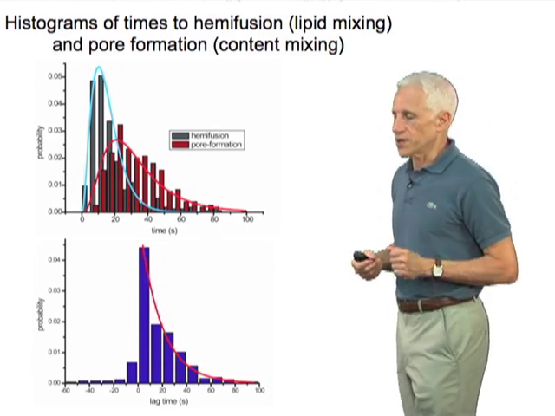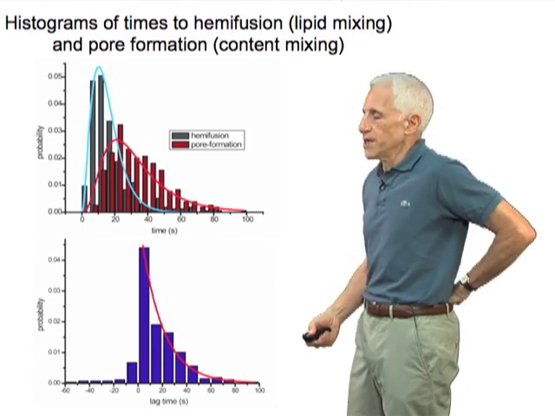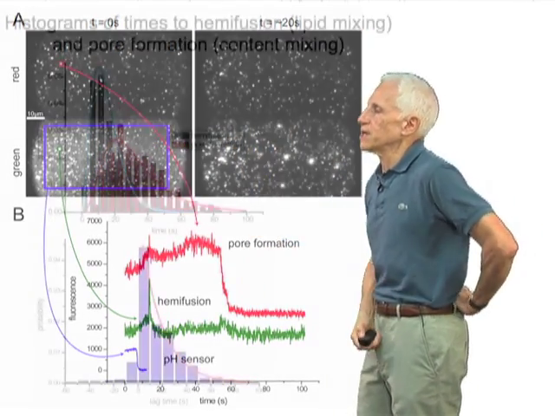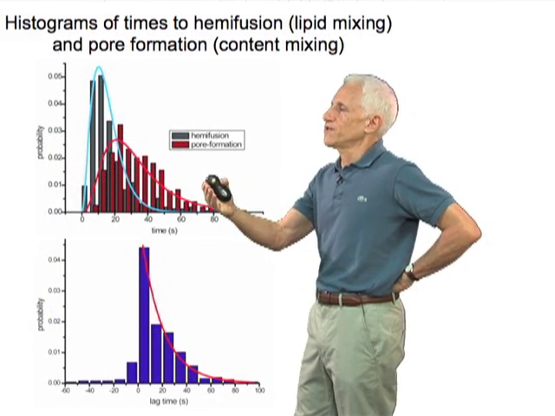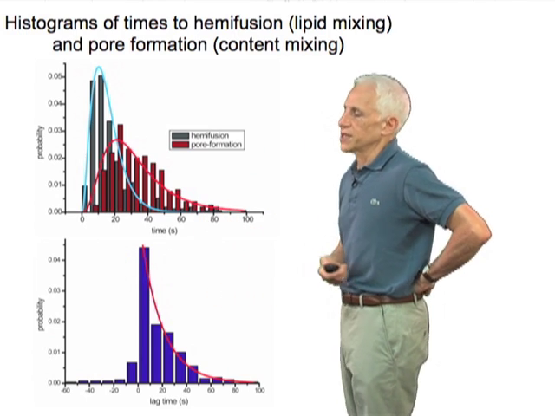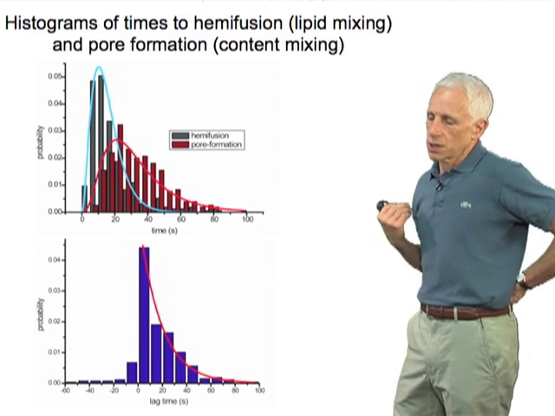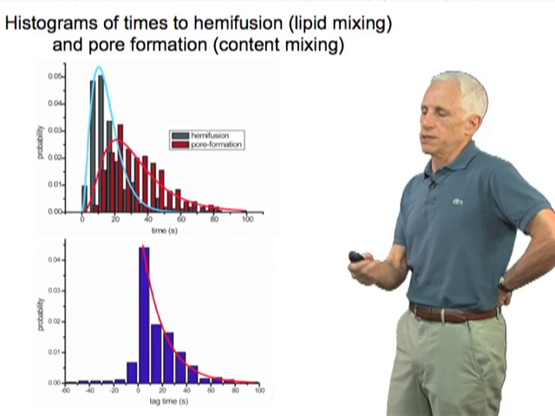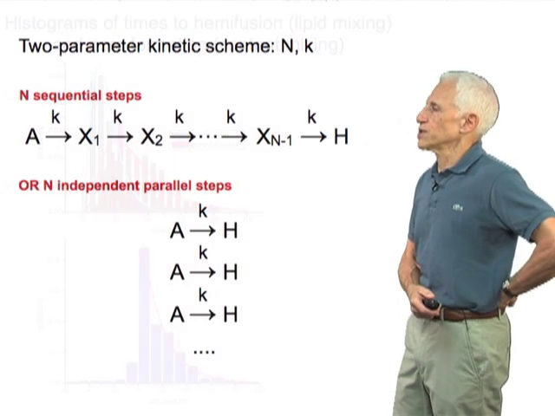If one does lots of these measurements, and they can be done in parallel because in a suitable microscope, as you see here, there are lots of particles in a field, then one can get a histogram of the times to hemifusion, that is lipid mixing, and the times to pore formation. We can do this as a function of a variety of parameters, including the final pH of the buffer that was flowed into the little chamber in the microscope, and other parameters of the experiment.